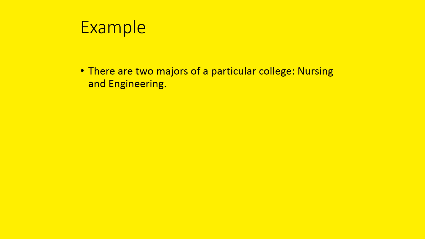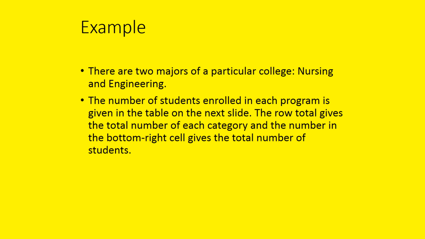Okay, so here's an example. You're at a college and we're interested in two majors, nursing and engineering. The number of students enrolled in each program is given in the table on the next slide. The row total gives the total number of each category, and the number in the bottom right cell gives the total number of students.